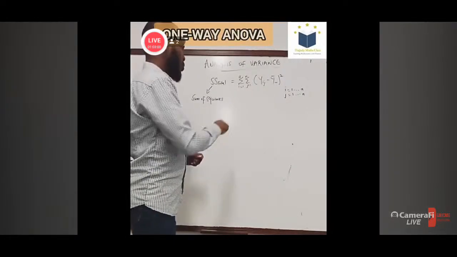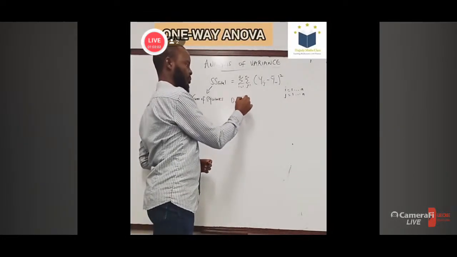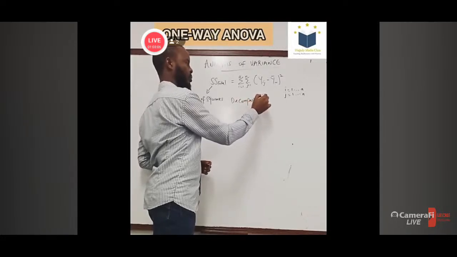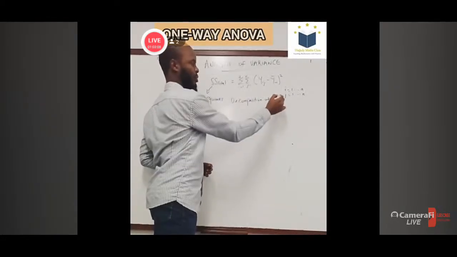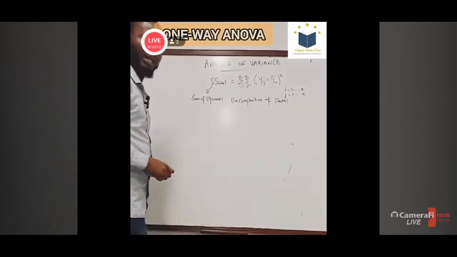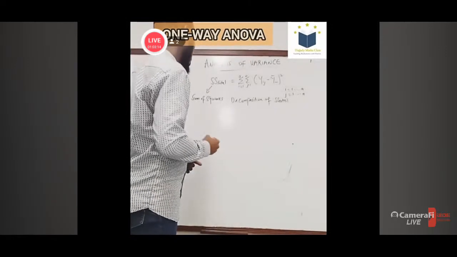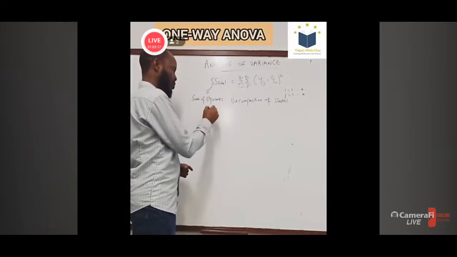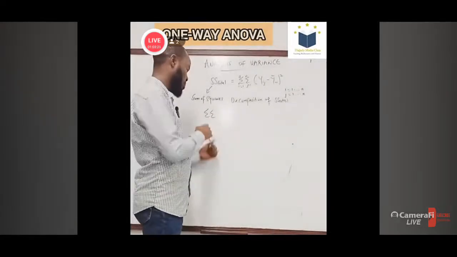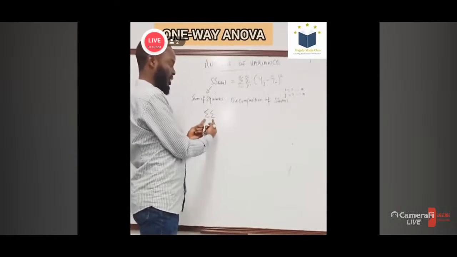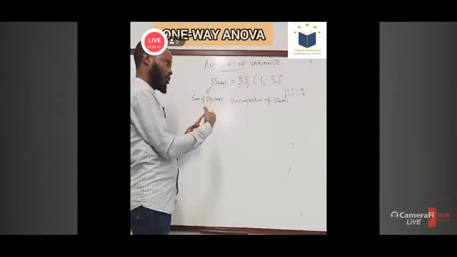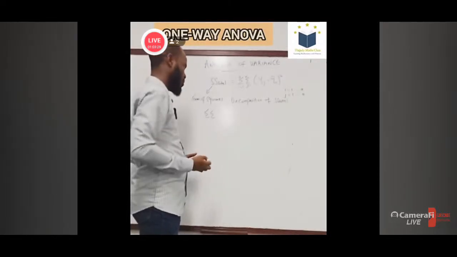So what we want to work on is the decomposition of our SS total. How do we decompose our SS total? That's what we want to work on. So we have our SS total to be double summation. In this one, I'm going to omit the use of the notation, that is i to a, j to n, but when I need it, I'm going to make use of it.